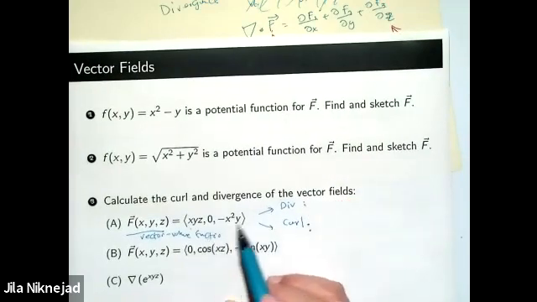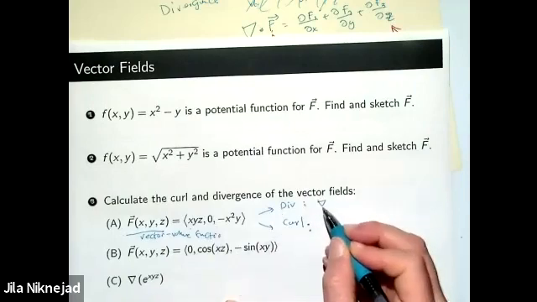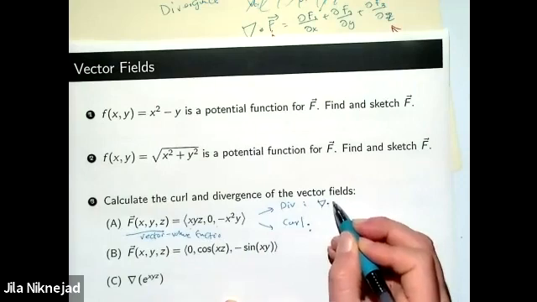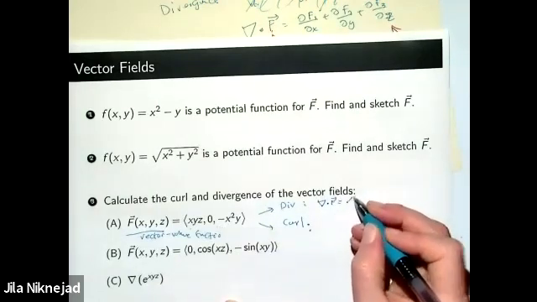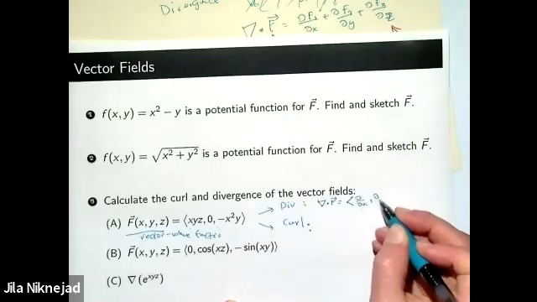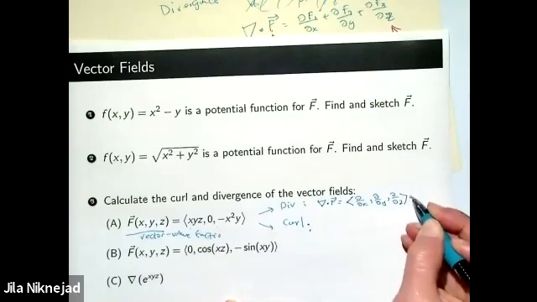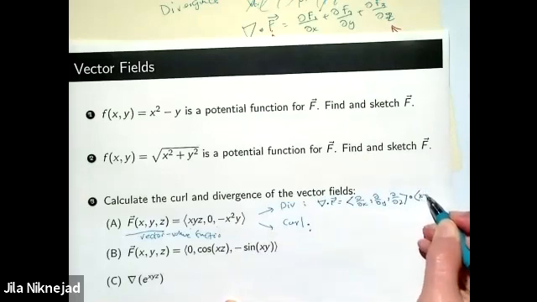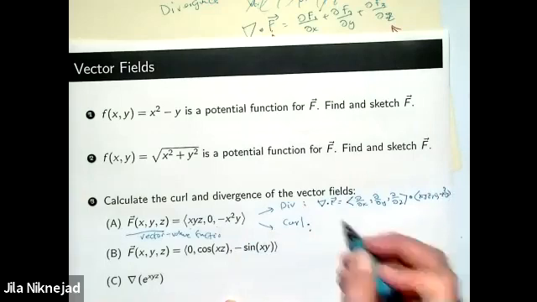So divergence of that is going to be the Nabla dot f. Let me write it this way also. Dot x, y, z, 0, minus x squared y.